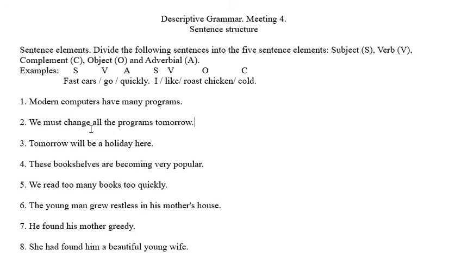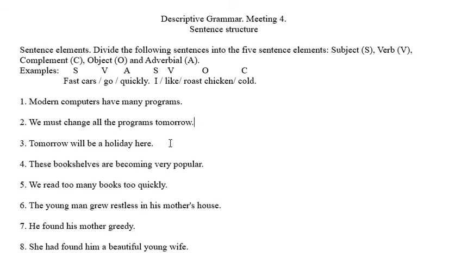We as the subject then must change as the verb, okay? And then we've got all the programs. Now all the programs, all of that together will be the object, okay? That's what we must change. Slash will come here, okay? And then of course tomorrow is an adverbial. All right.